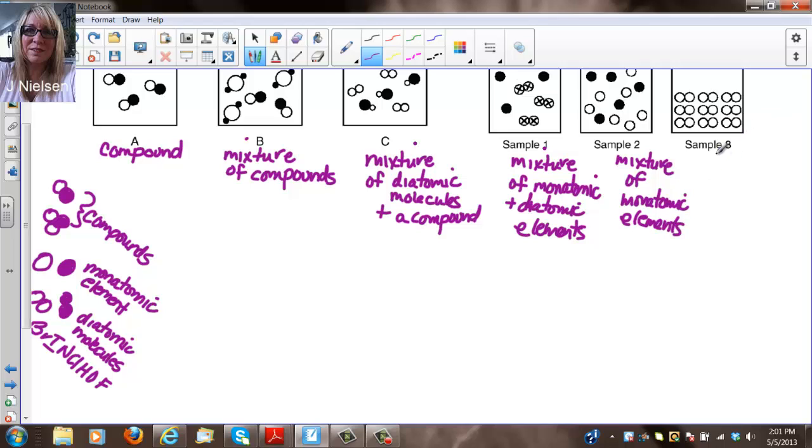And in the last one I have diatomic molecules, and these actually look like they are in the solid phase, where everything else kind of looks like it's in the gas phase.